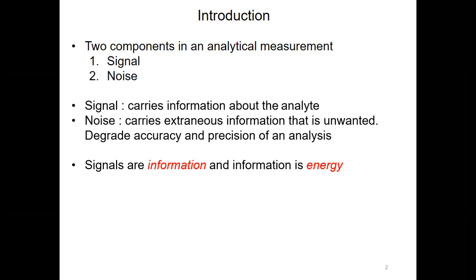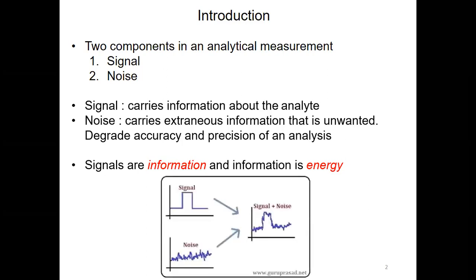The signals are information, and information is energy. So we convert this energy to useful information as a signal. In this figure, you can see the original signal. If there was no noise, the signal would look like this. But almost every time in any instrument, noise is present.